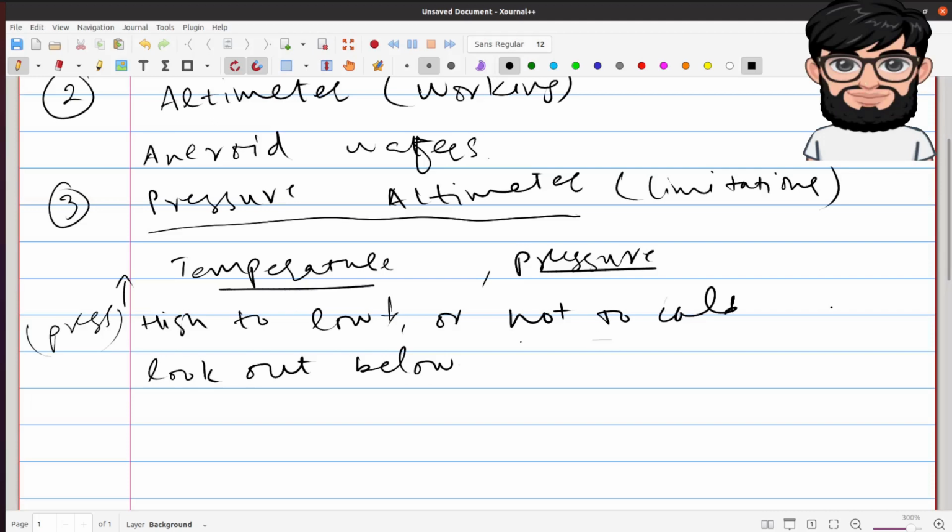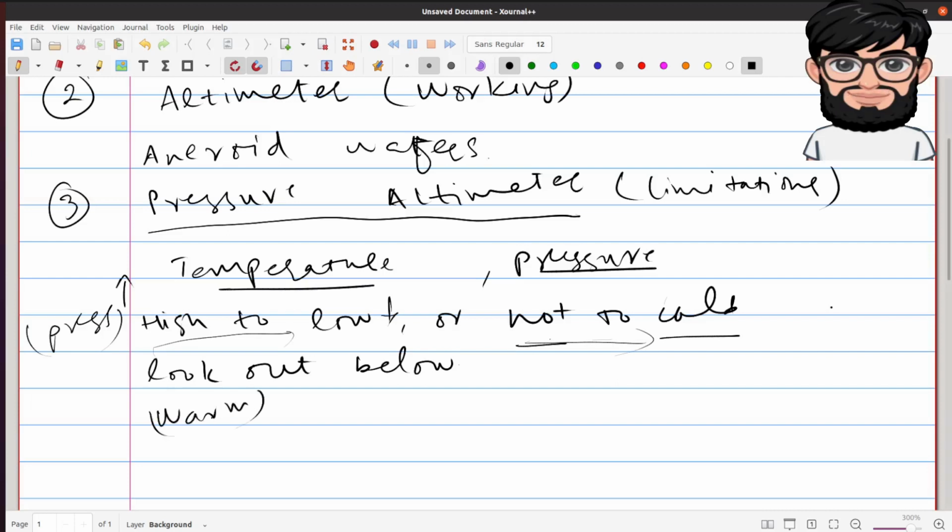Again, if you are going from hot to cold, the same thing is going to happen. The altimeter is going to show you that you are at a higher altitude, whereas that is not true. So you need to be careful in these two situations. Again, covering them separately.